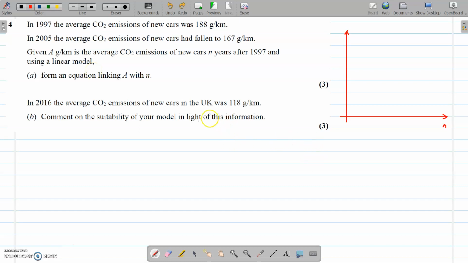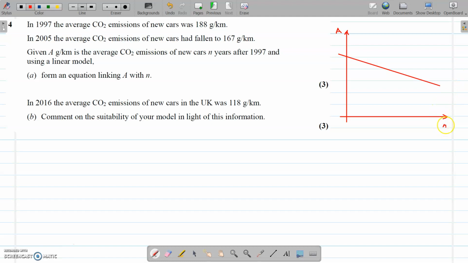So what we're going to do is form an equation of a line linking A with N. So A is the vertical axis here, okay, which is the carbon emissions, and it's going to be a linear model which is declining, so it's going to look something like this graphically. Okay, and we know that N represents the number of years after 1997.